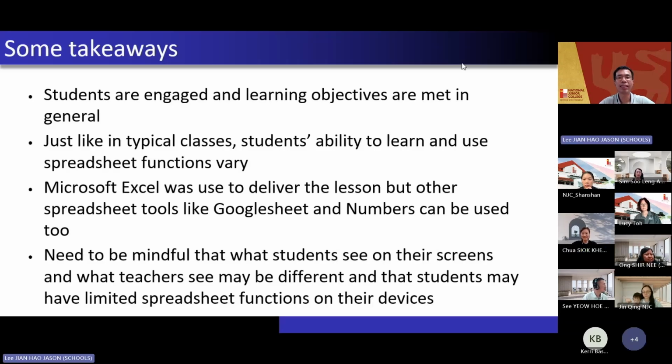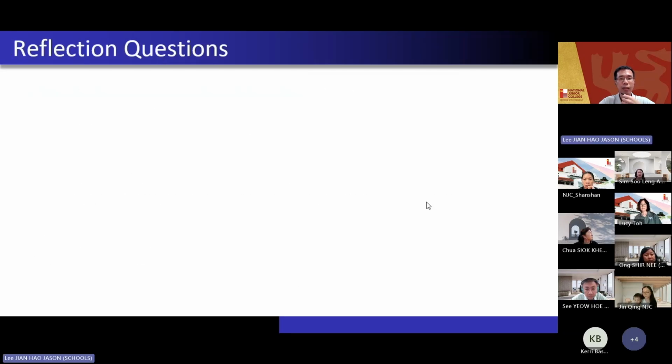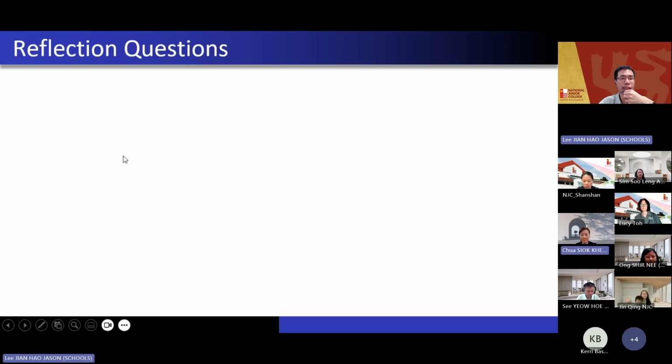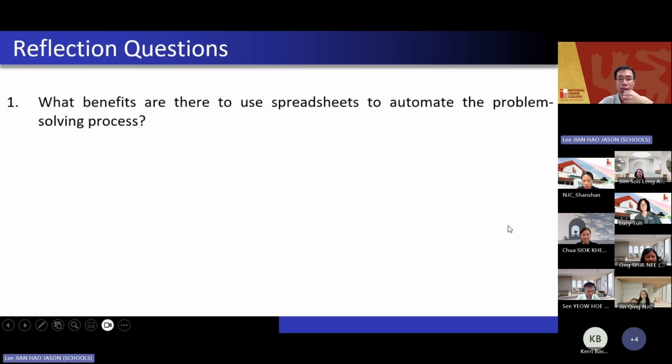Okay. As I mentioned in my lesson outline, I posted them a series of reflection questions. Let me just bring up the relevant slides. Yeah, so in the online form, these were the questions that I posed to them. First, what benefits do they see from this activity?